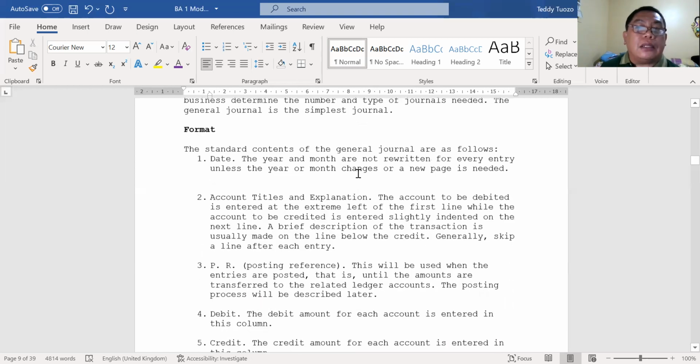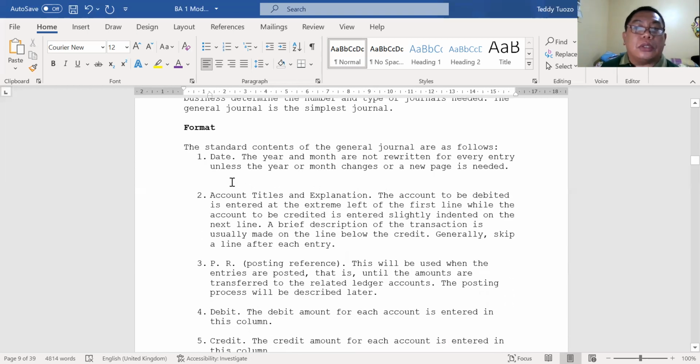So the format, when you record the transaction in a general journal, you record the date first, no? The year and the month are not rewritten for every entry unless the year and the month change or a new page is needed. Then account titles, there should be account titles.